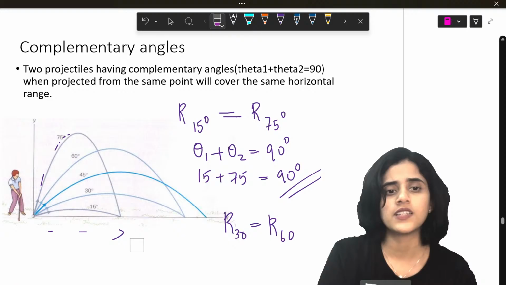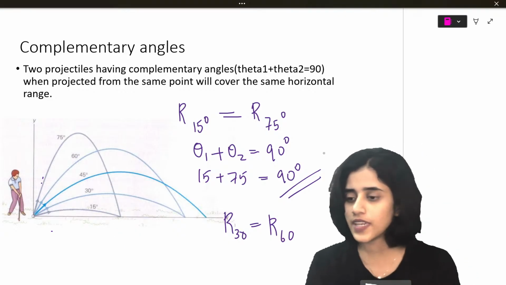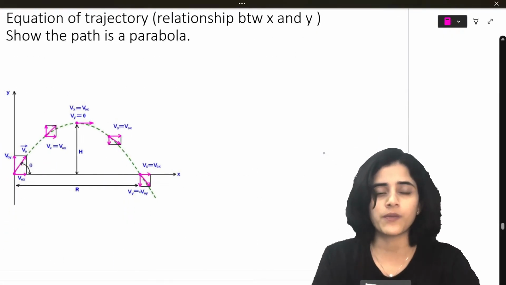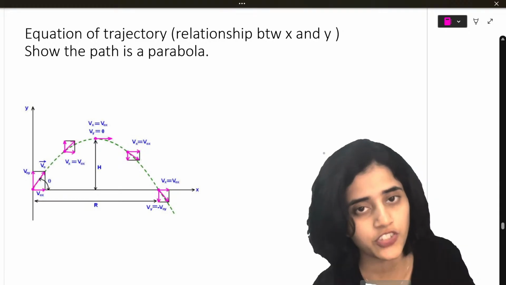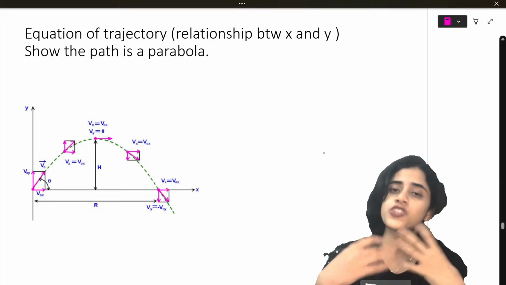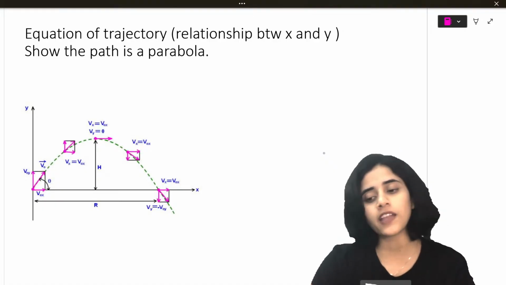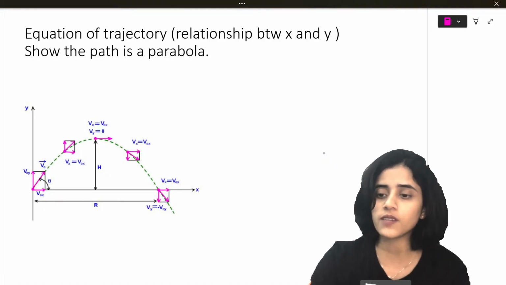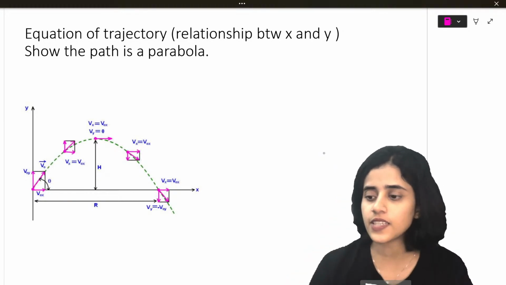That's all. Simple concept. Next is the equation of a trajectory, or a relationship between x and y, or the question could be show that the path of your projectile is a parabola.